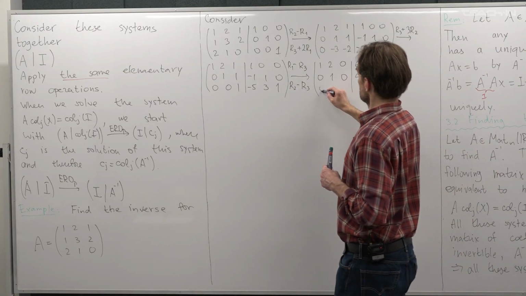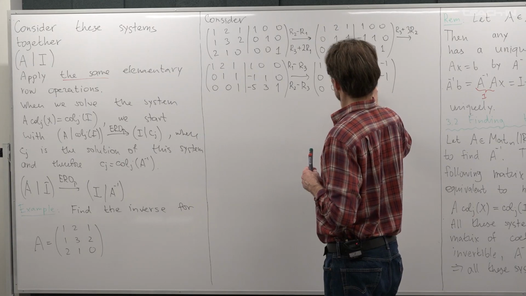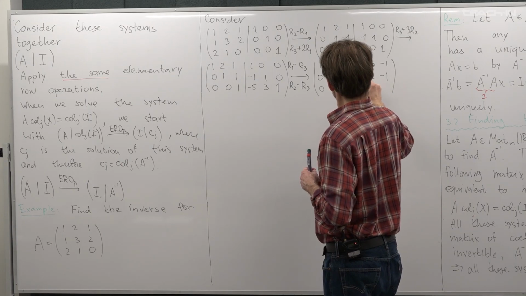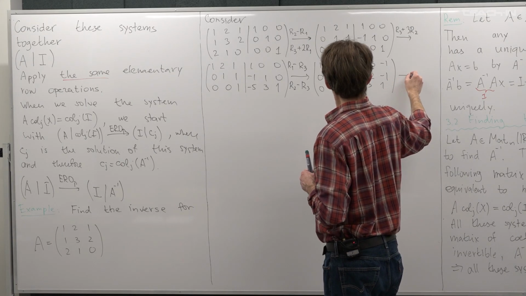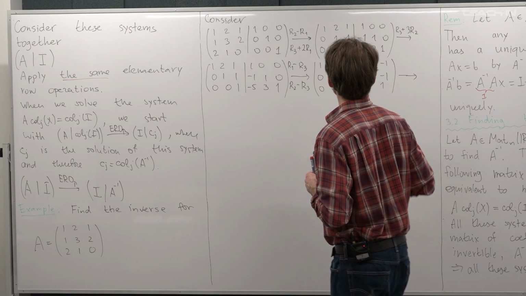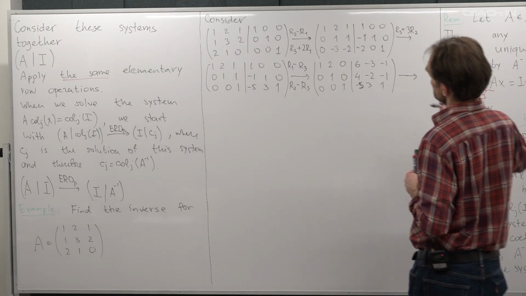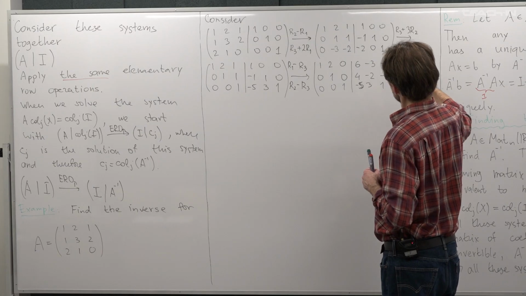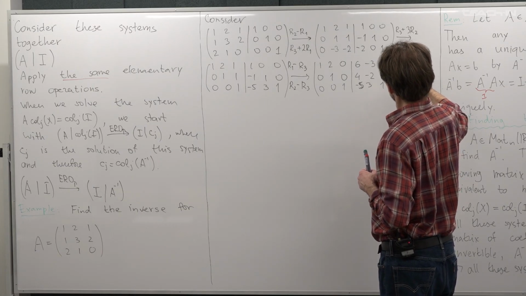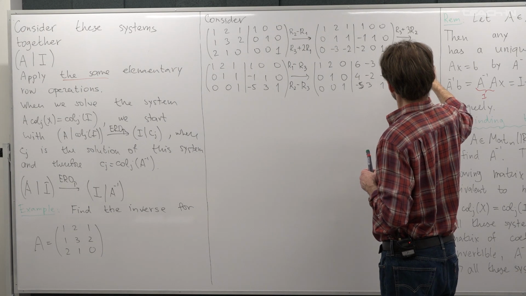And so the last row is preserved. It's minus 5, 1.